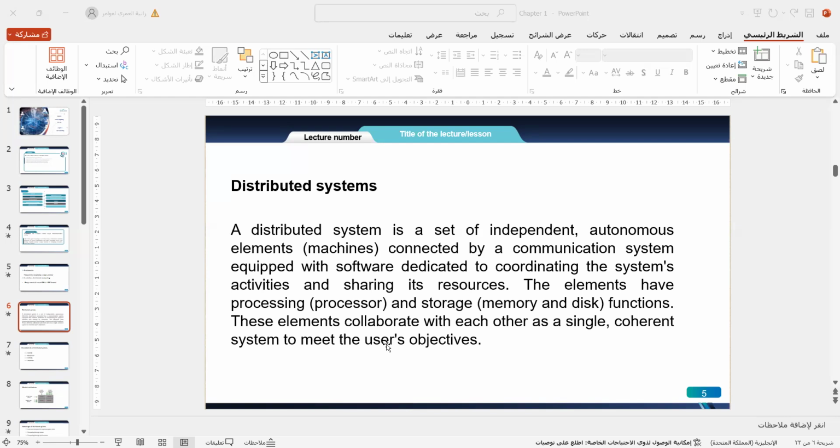The second example is about engineering. For engineers, grid computing has significantly reduced the cost of resource-intensive engineering applications.